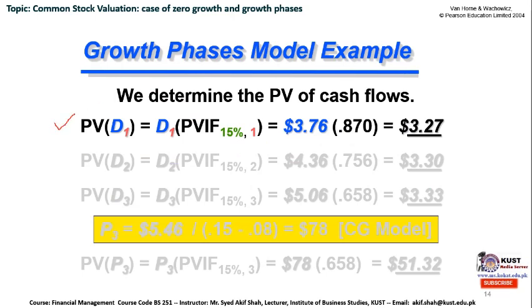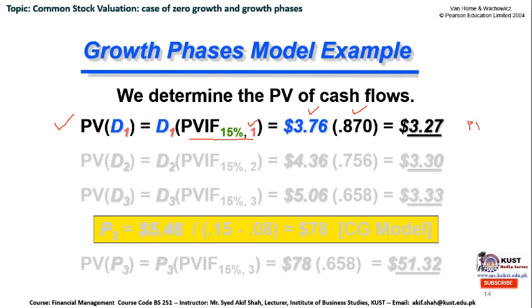So the first present value is for D1: we discount D1 by taking the relevant factor, which is the present value interest factor at the rate of 15% for one time period, and the factor in this table is 0.87. By multiplying this value with D1, we get the first present value.